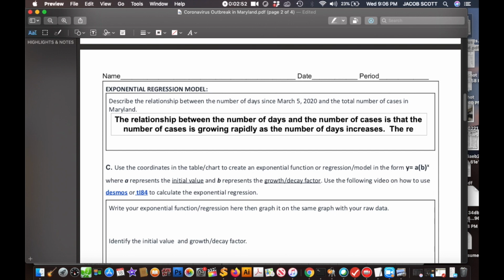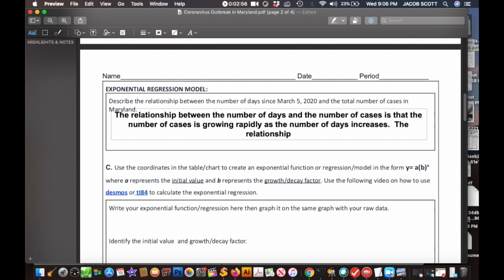The relationship seems to be exponential.